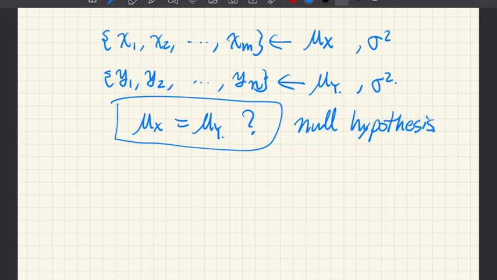Okay, and we can apply the t-test to this problem. To do so, first we calculate the first sum of squared deviations from the sample mean in the first sample, S1 squared, the sum from 1 to m of (xi minus x bar) squared.